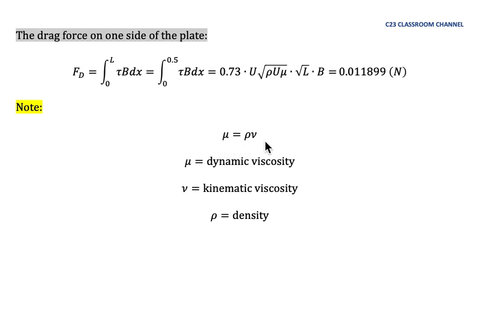Please be careful about this, because sometimes the question will give only the value of kinematic viscosity. You need to understand that dynamic viscosity is equal to rho nu, where nu is the kinematic viscosity. You could replace it in this equation if necessary. We substitute all the values here, so we get the drag force is 0.011899 Newton.